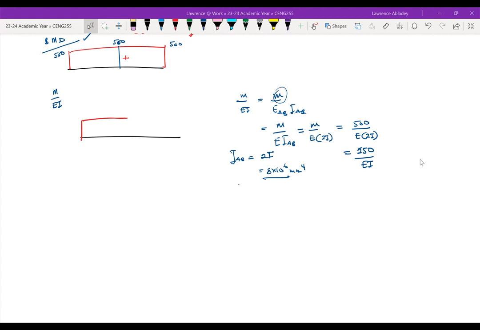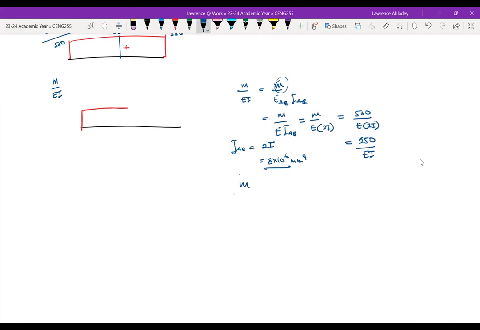Yeah, so as I was saying, sometimes you can go about this approach where you actually put in the values of the M over EI. So in this case, since it's M over E I_AB, this becomes 500 over E, 8 times 10 exponent 6.